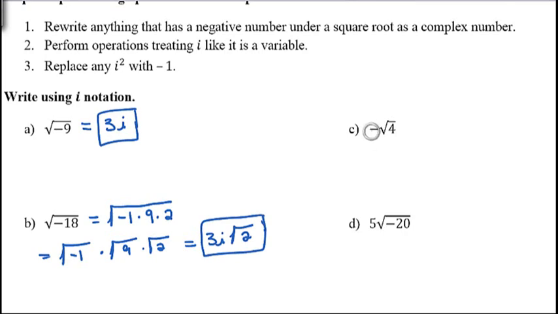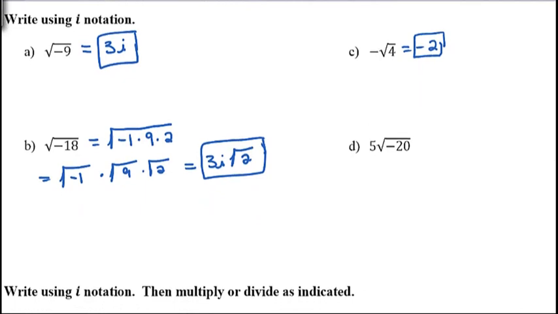Our next example, this time the negative sign is outside of the square root, and so this would just be -2. So no i, because this negative is not underneath the square root like it was in the first two examples. Our next one, we have 5 times the square root of -20. We can rewrite -20 as -1 times 4 times 5.